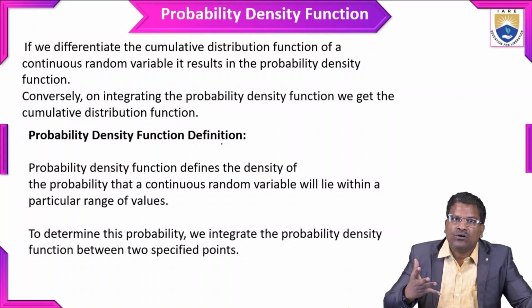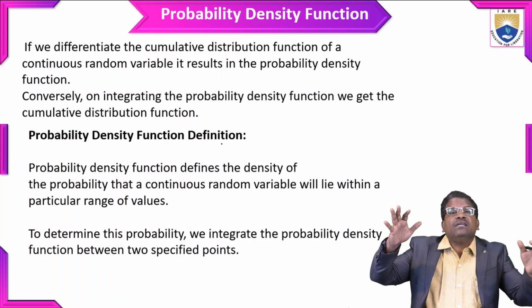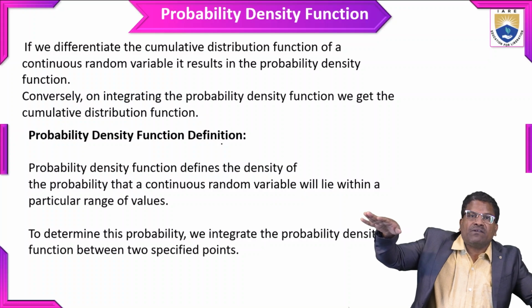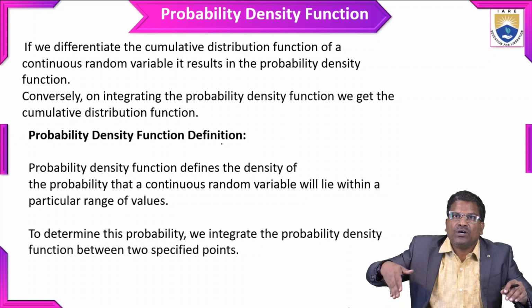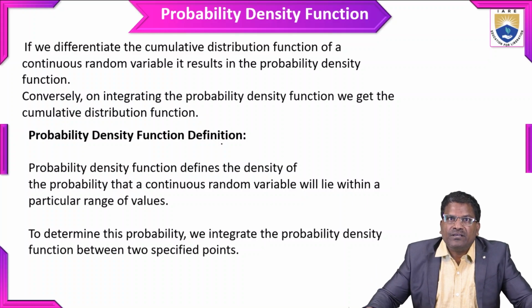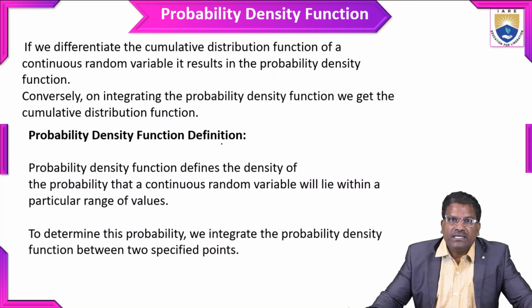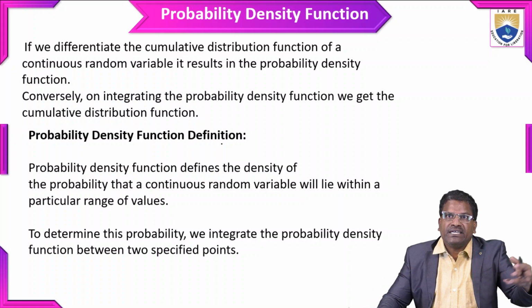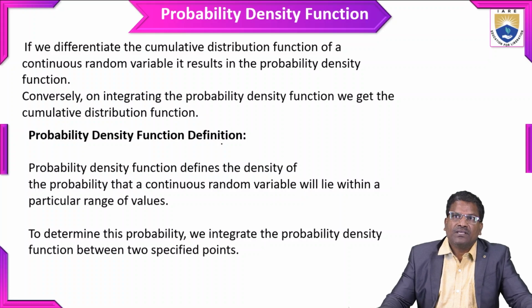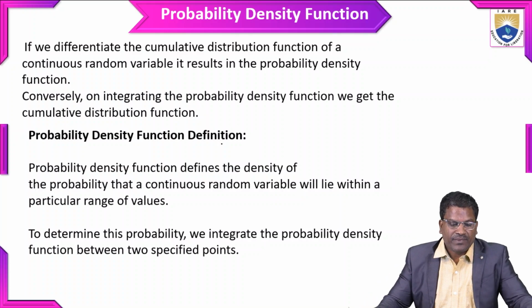First of all, we know the cumulative distribution function lies between some lower limit and upper limit, and in between, it ascends or descends. Conversely, on integrating the probability density function, we get the cumulative distribution function in a similar way.